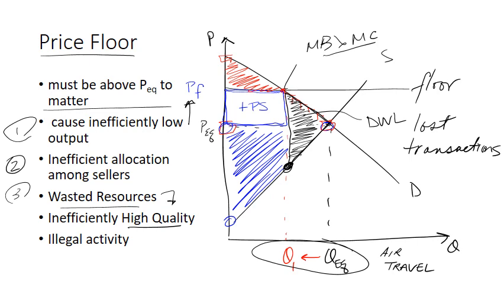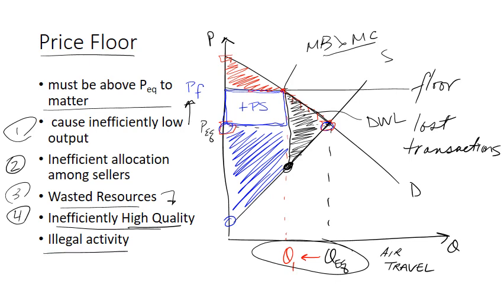We saw all of these airlines starting to give out blankets and peanuts and snacks and all of these in-flight amenities. These in-flight amenities are nice, but I think that if you asked most people if they'd rather have peanuts and a blanket or they would rather the flight be $100 cheaper, most of them were probably going to say that they would have taken the cheaper flight. Hence, we get an inefficiently high quality.